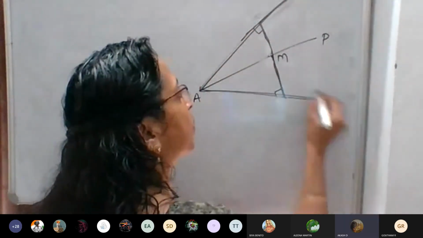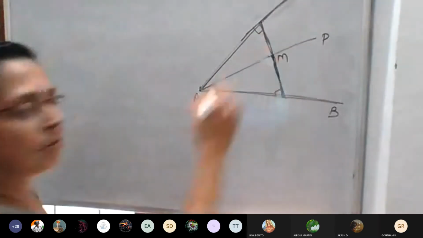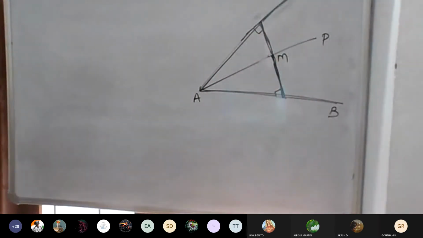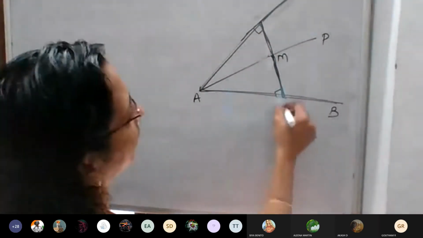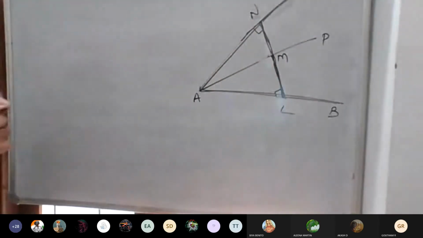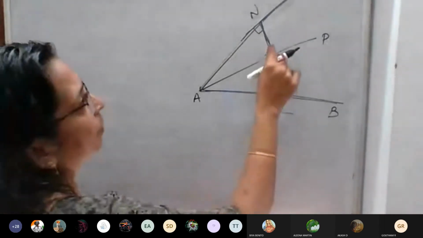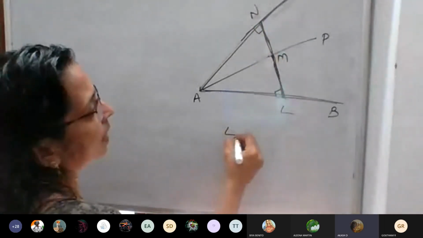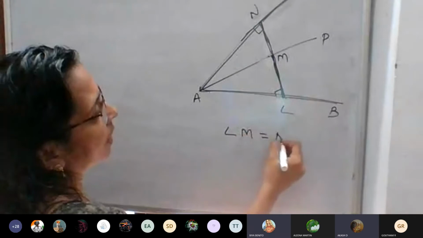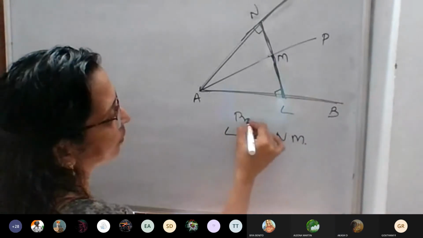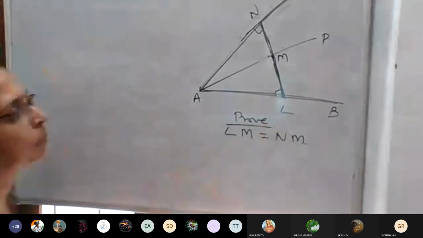The two perpendiculars are there, LM and NM. We have to prove LM is equal to NM.